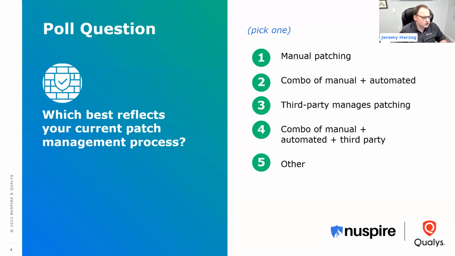So everybody just take a few seconds, answer this question, and then we'll go over the results here. I see quite a few people already voting. Awesome. All right, I think that was good. I'll go ahead and end the poll here and we can share the results.